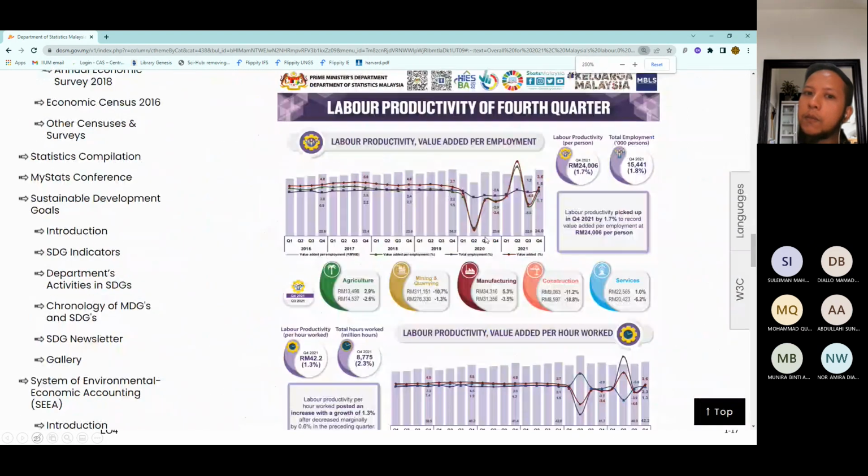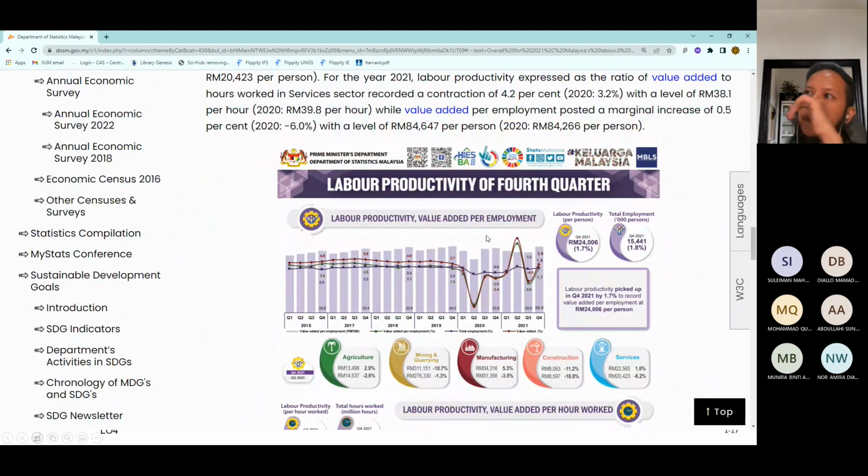Based on the formula you can see in the slides just now, they can show how much each person, on average, is producing, and how much is their contribution to the economy.